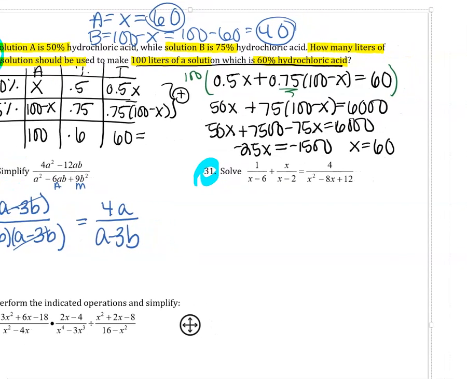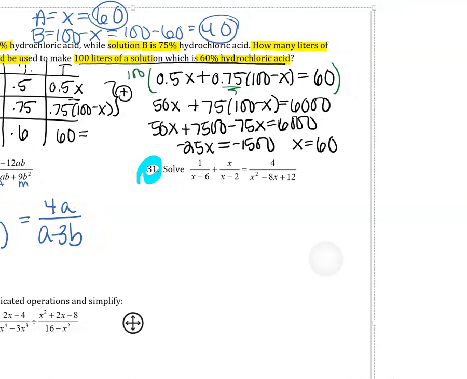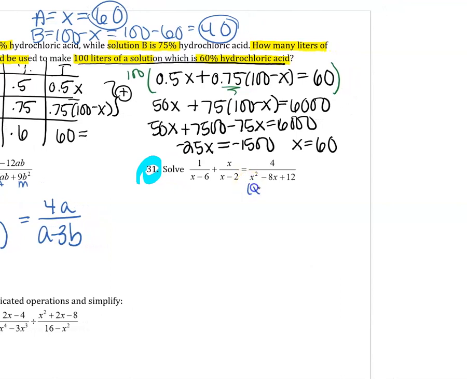Coming over to question 31, okay, another equation, so we want the common denominator, factor to see what it's made up of. So common denominator would be x minus 6, x minus 2, which means the first fraction needs an x minus 2. Second fraction needs an x minus 6, and the second fraction has all the things. When the problem equates, you can drop the base and solve the numerator.